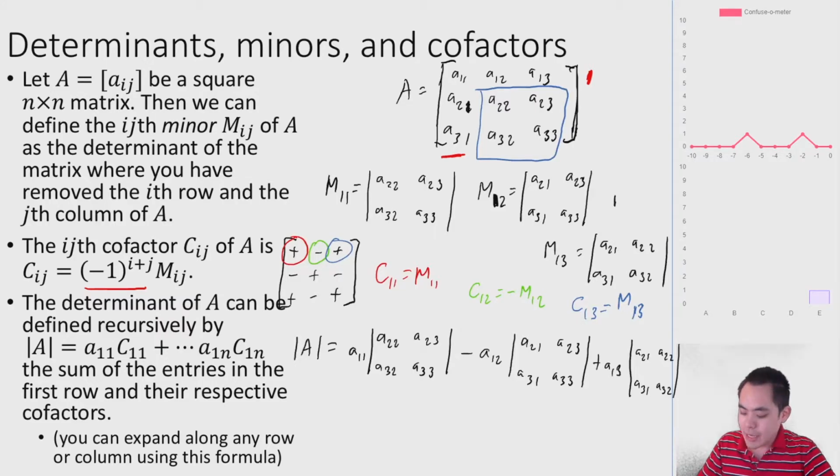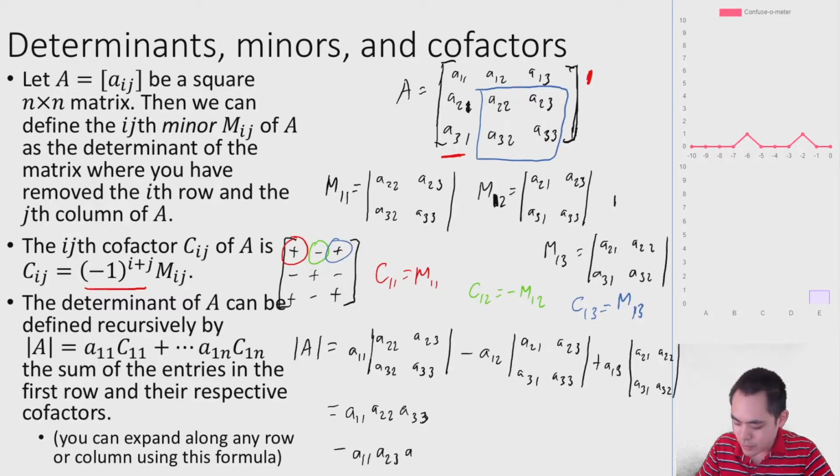Okay, and this actually gives you the general formula for a 3x3 matrix. So that is A11, A22, A33. Sorry, I just erased too much there. So this is A22, A33. And I'm going to have the negative sign down here just to make things a little bit easier. This is A11, A23, A32.